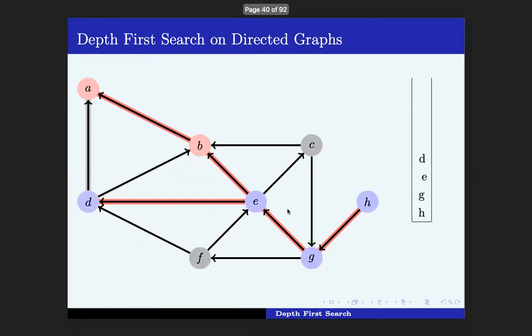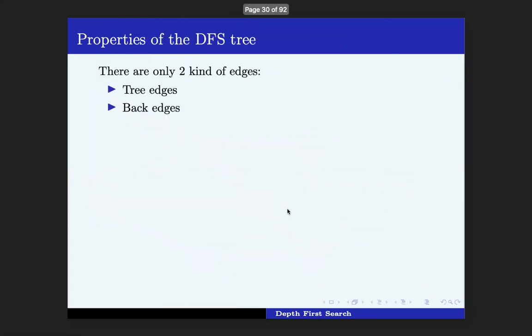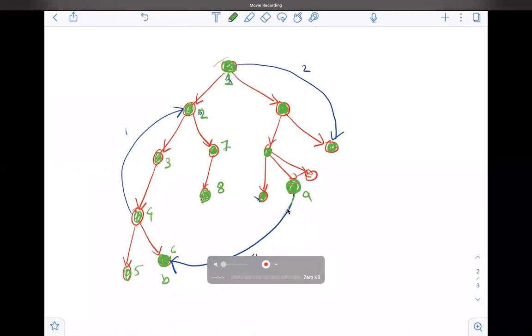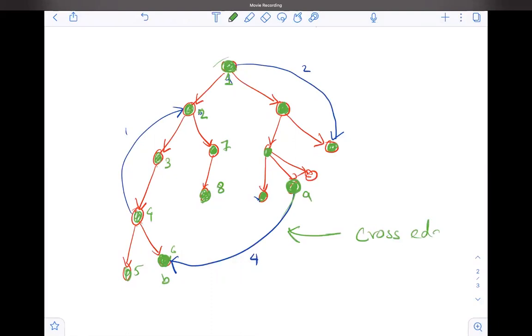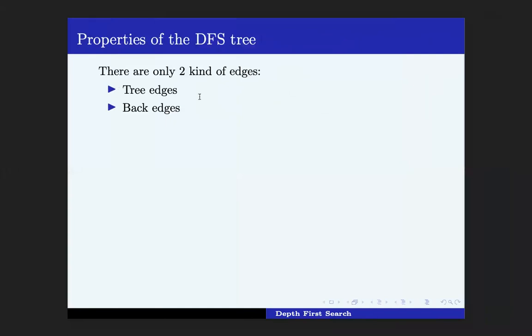So, yes, in the case of this kind of graph, these things are called cross edges. These are called back edges. Okay. Sometimes in the case of the directed graph, these are called forward edges. So in an undirected graph, you can have tree edges or the back edge. You cannot have cross edges.